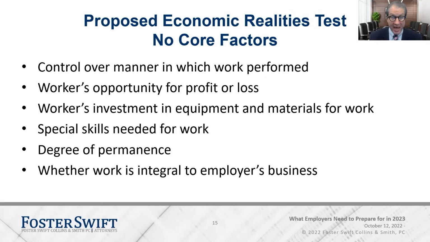Now we're going back to a former interpretation of this rule in which there's no pre-weighting of these factors, and the DOL is going to look at the totality of the circumstances to determine what's the economic reality here. Are the economic realities that this worker is an employee or that they're an independent contractor?